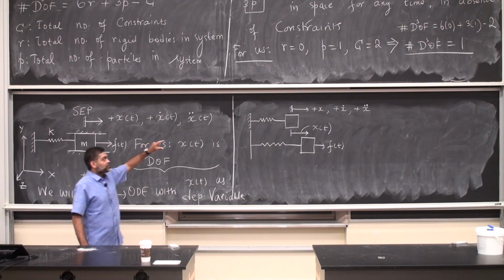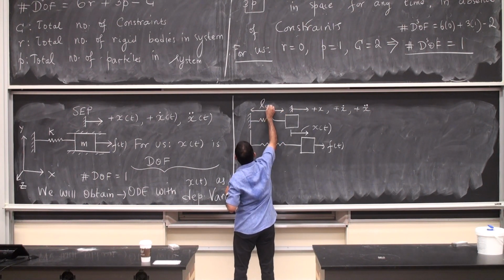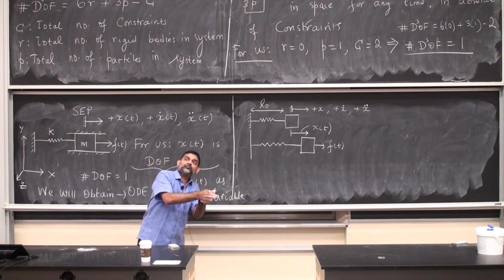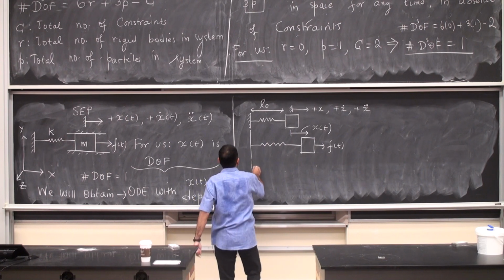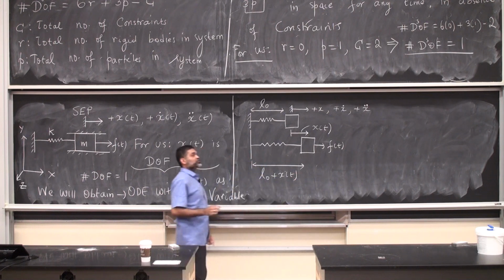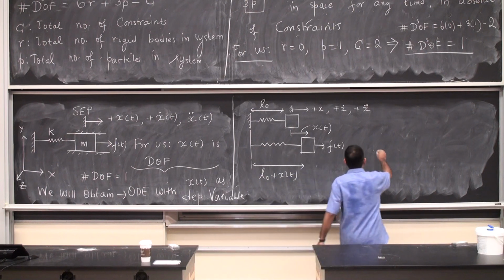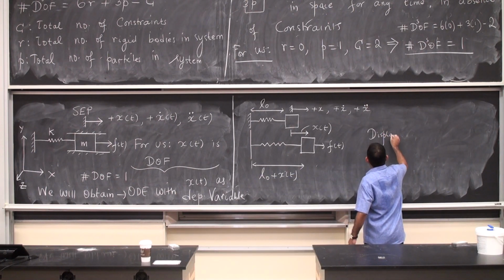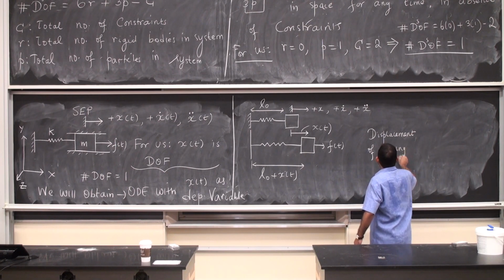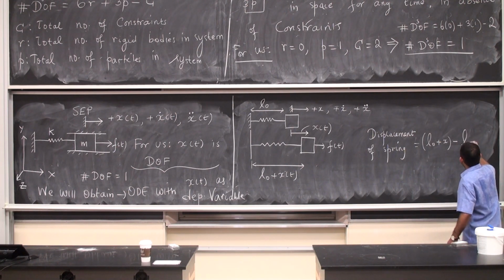And so, the unstretched length of the spring was L naught, let's say. The stretched length of the spring is L naught plus, if I assume the mass to be traveling to the right, it's plus x of t. And so the spring displacement is the stretched minus the unstretched length of the spring. Displacement of the spring is L naught plus x minus L naught.